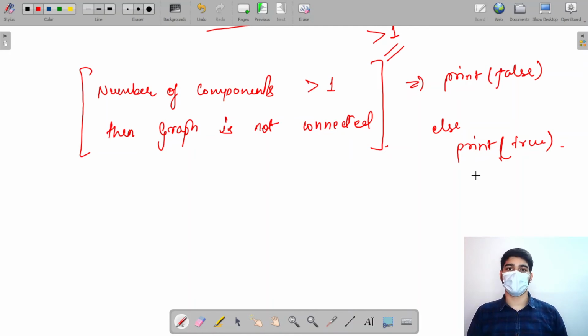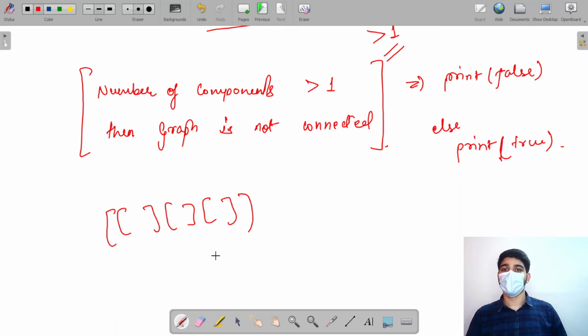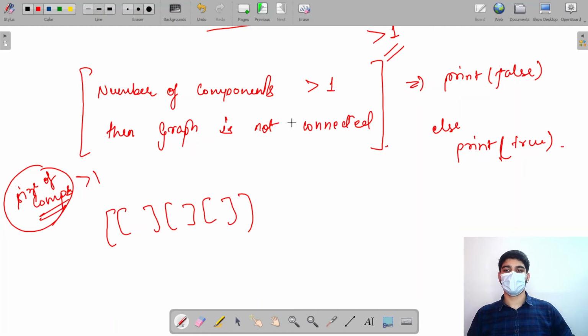Okay, so how do we do this question? Now, in the previous question, what we did was we got an array list of arrays which contained all the components, right? What I want to say is that if the size of that components array list is greater than 1, then it has more than one component, because the size of components just determines the number of components.